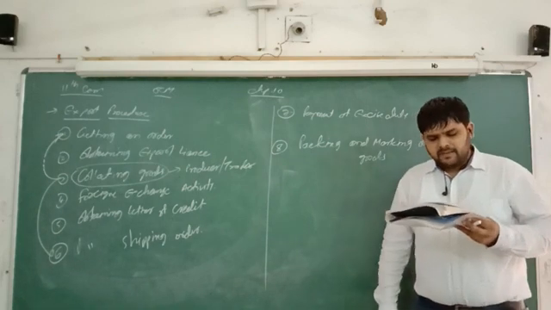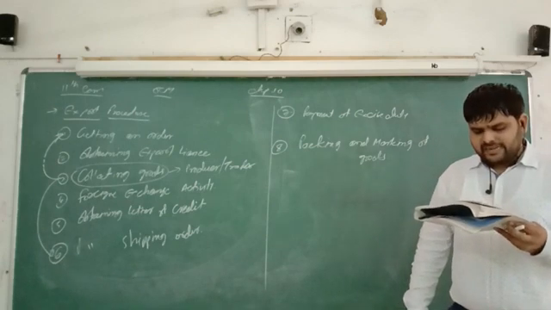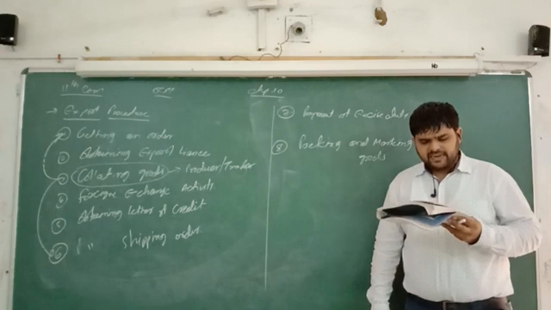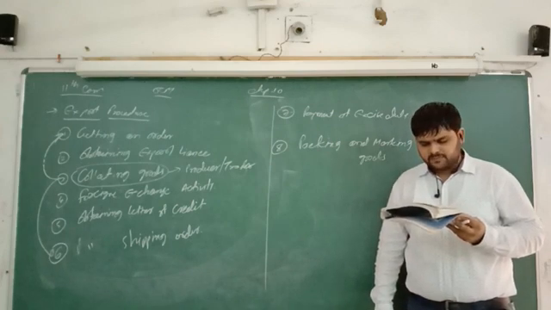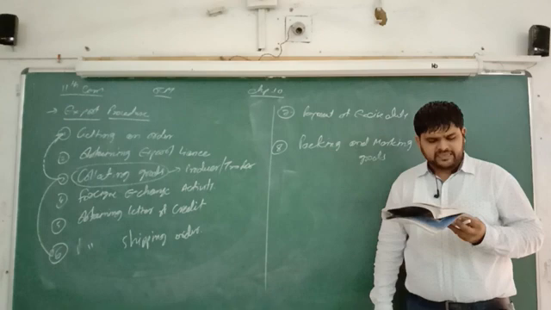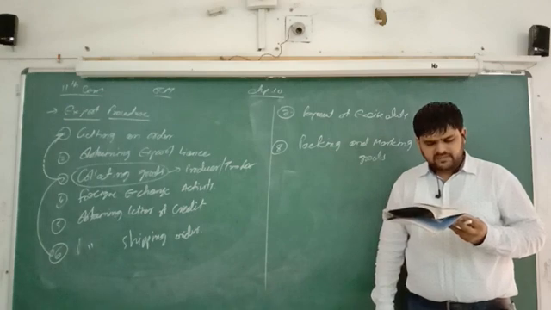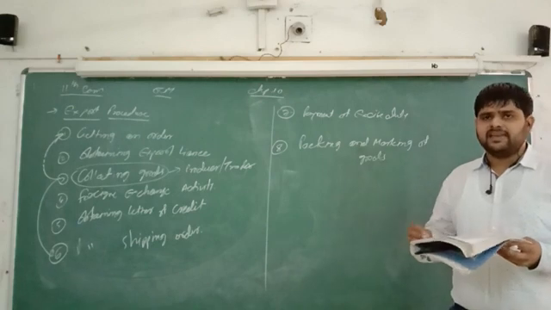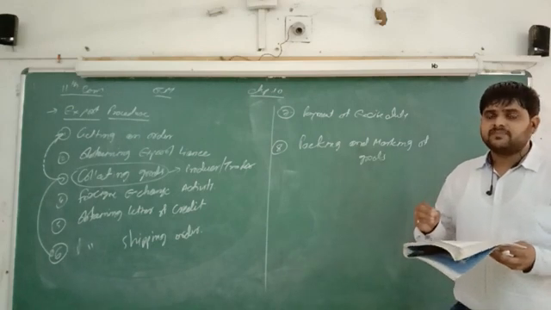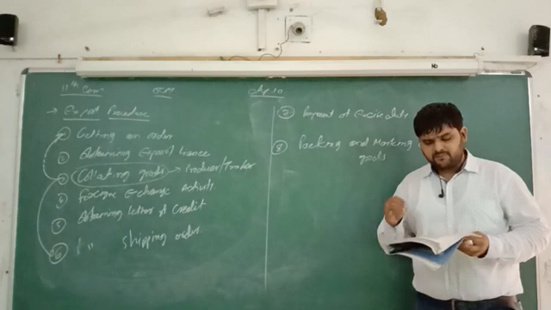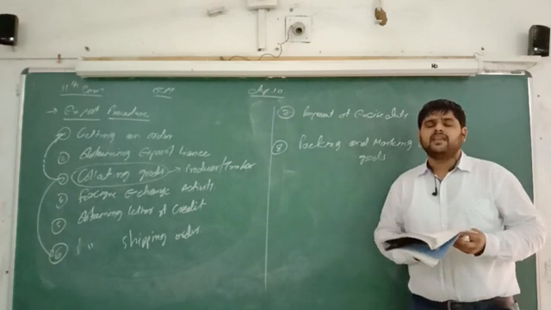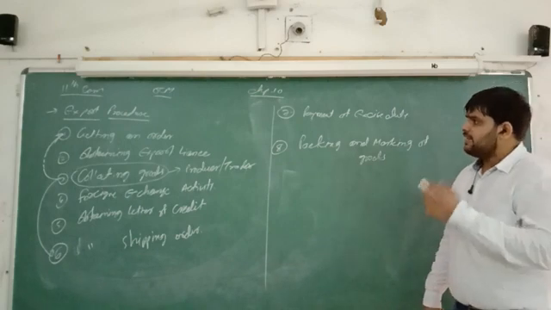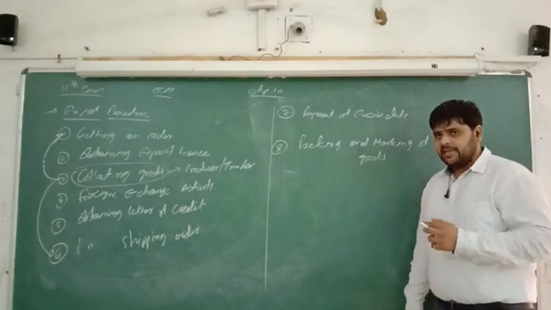Marking of some important details related to goods on the packing is also necessary. Details like the name and address of the importer and exporter, the name of the destination port, weight of the goods, etc. are mentioned in marking. So in the marking system, we put various types of information on the particular goods.